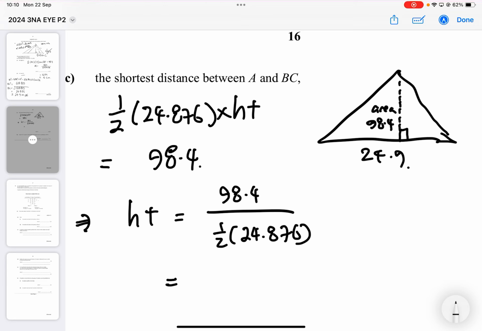Put H beside the height. Why not just put H? Good idea.